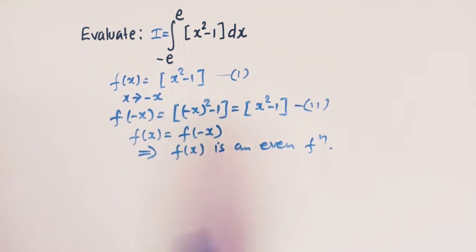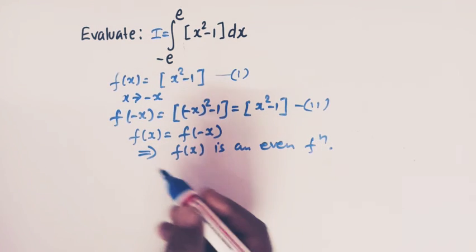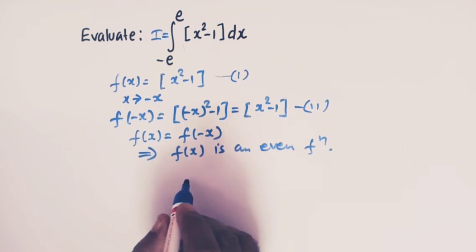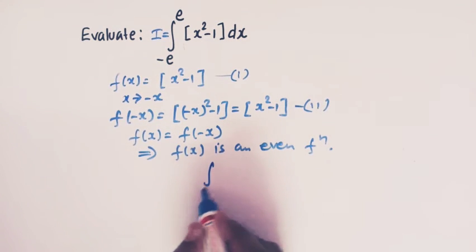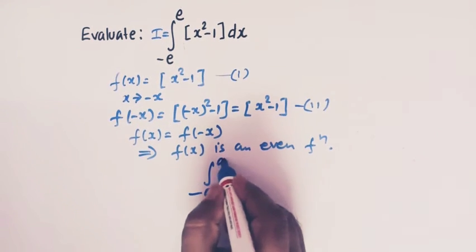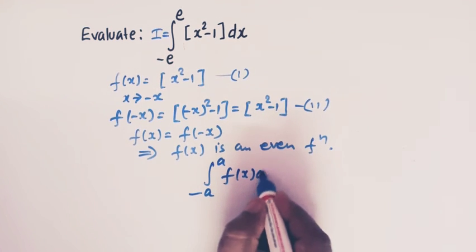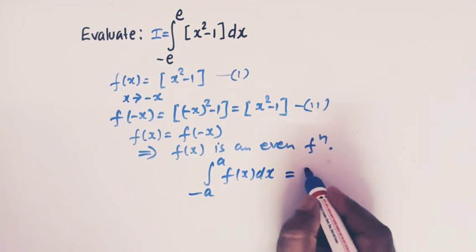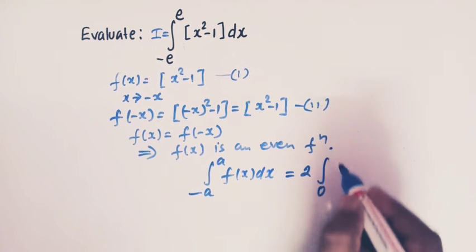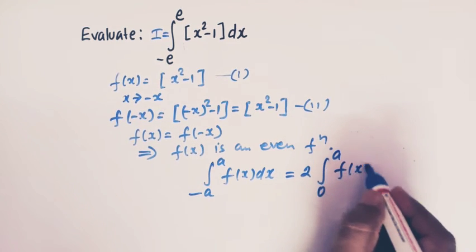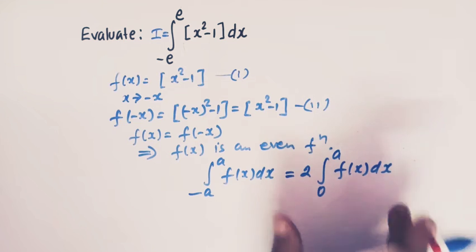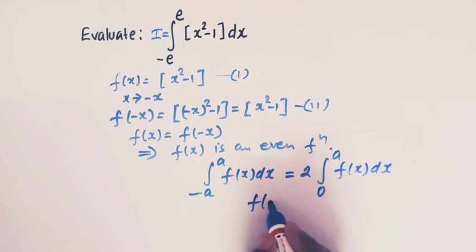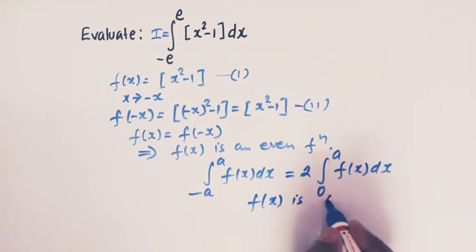Once we have established that f of x is an even function, we can make use of the important property from definite integrals, which says that the integral from minus a to a of f of x dx is equal to 2 times the integral from 0 to a of f of x dx whenever f of x is an even function.